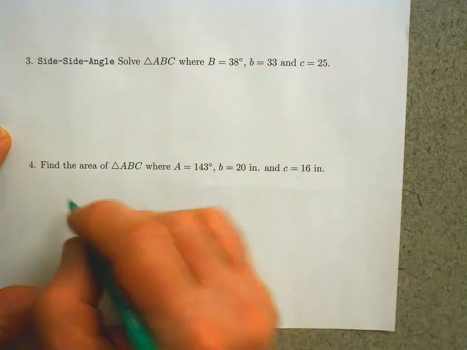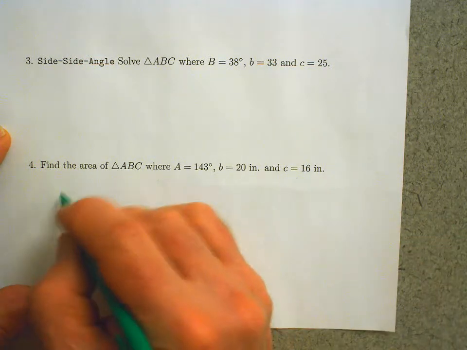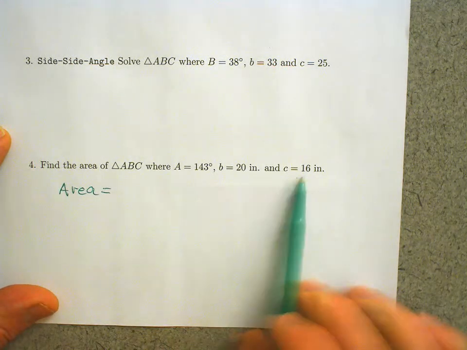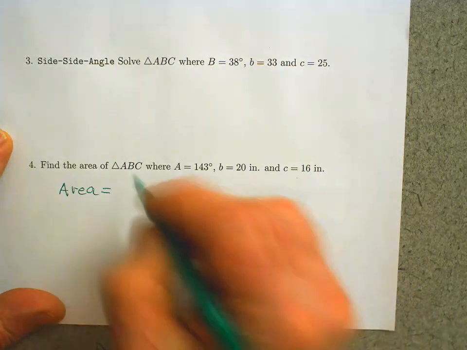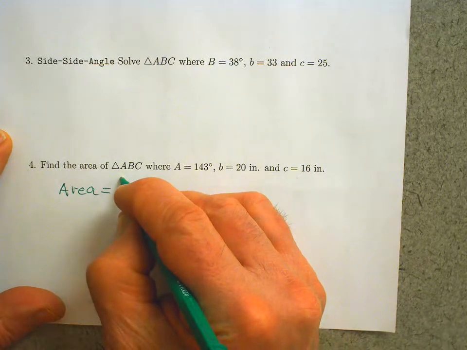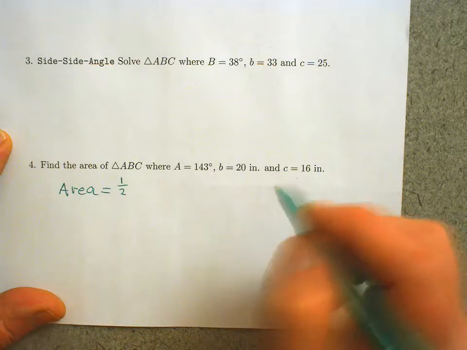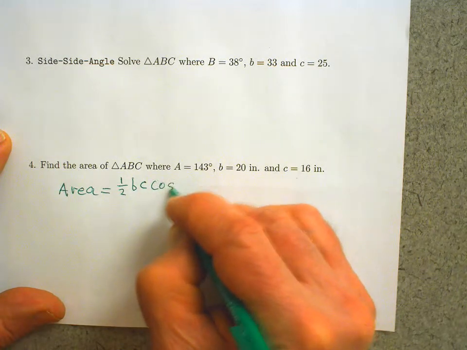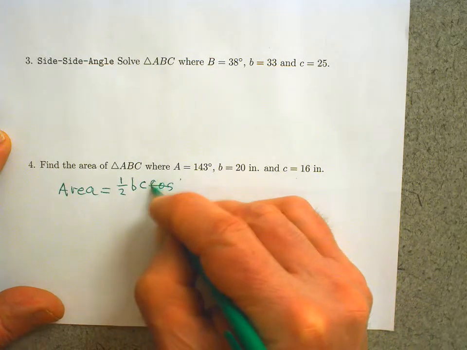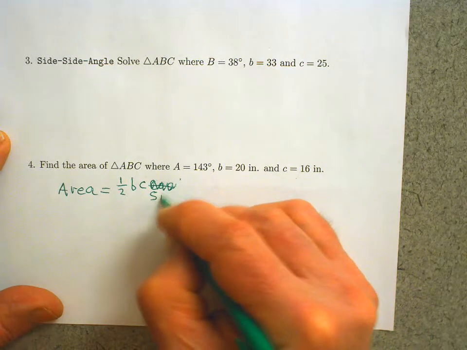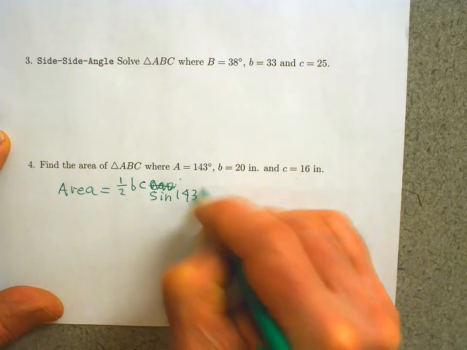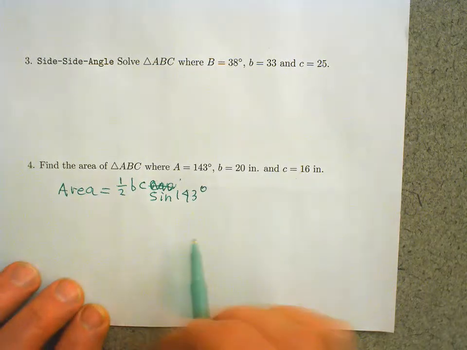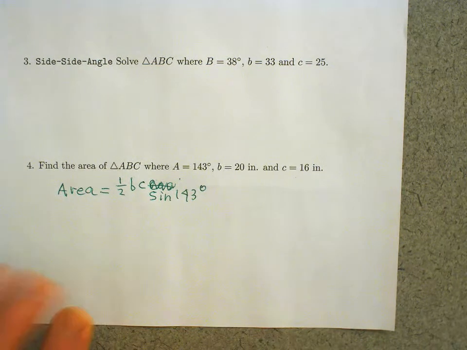Okay, so the area under these circumstances, the formula is 1/2 b times c times cosine, or not cosine, sine of 143. So you can plug in those numbers.